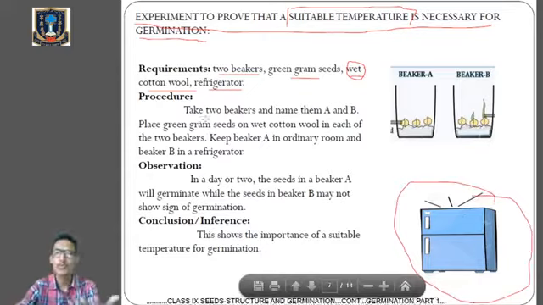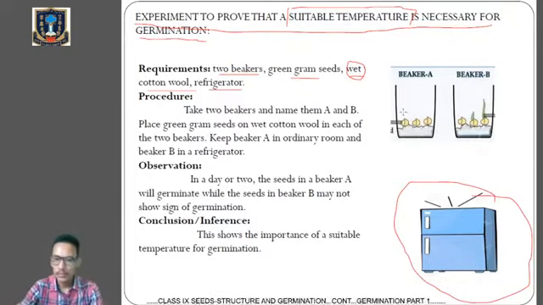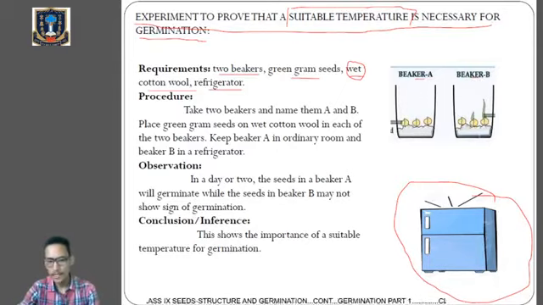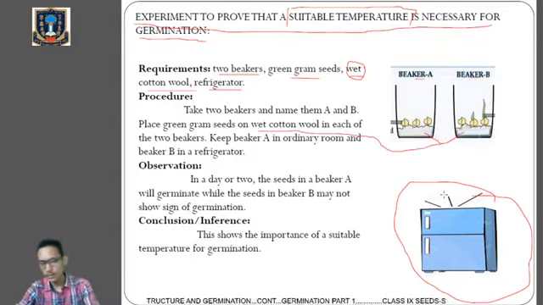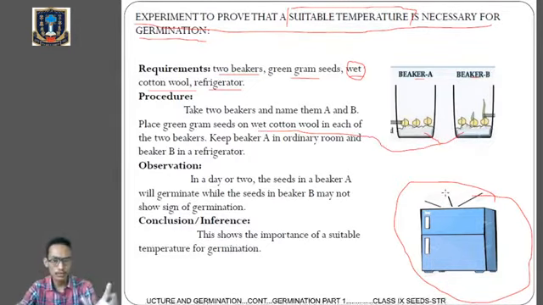So the process is the same: we will take two beakers and mark them beaker A and beaker B. Now in both beakers we will put the gram seeds. You can see over here, we are putting the gram seeds, then we are putting the wet cotton wool. We are not using dry and wet; in both beakers we are using wet cotton wool.